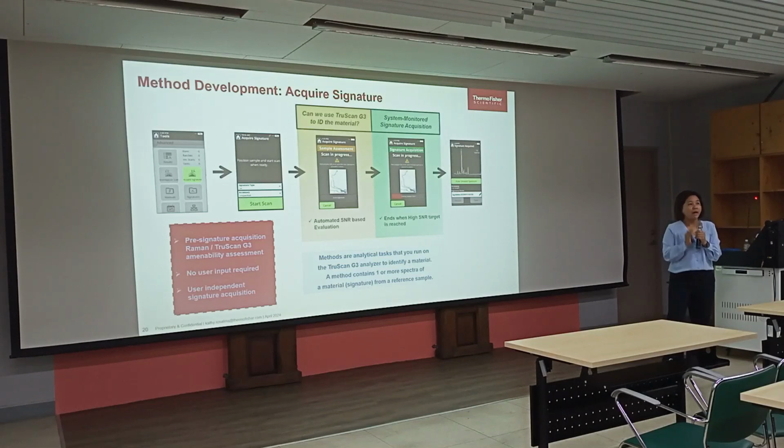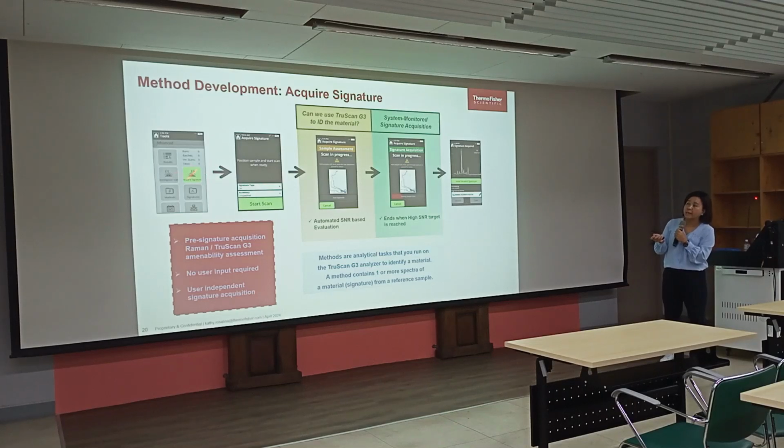The user has to create their own library or create their own method for the verification because of the audit purpose, and also to show the traceability: who is the one who performed the test, and what lot number you use to create the reference spectra. So this information, everything must be traceable. That's why you have to create your own method, or we say create your own library.